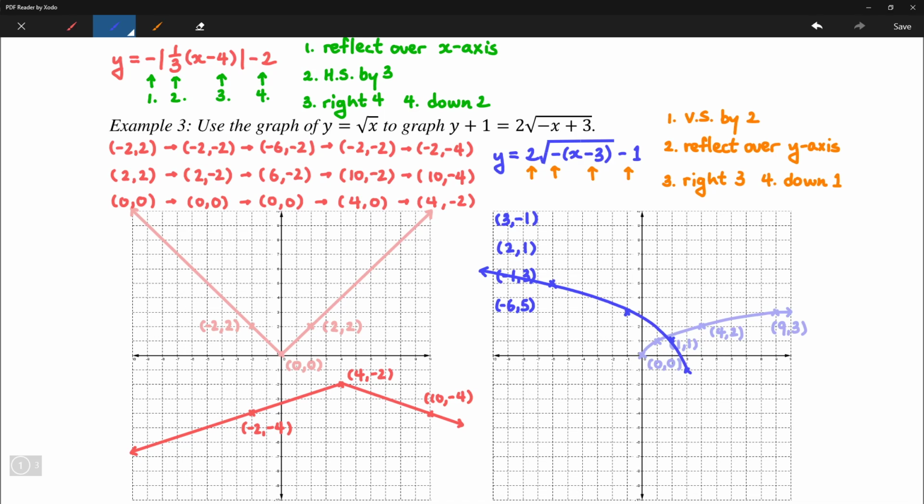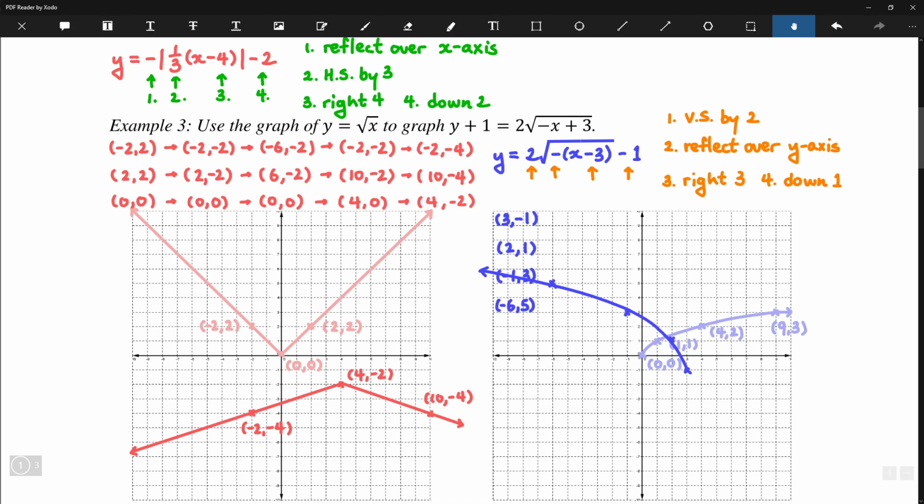So it makes sense because the point at the origin moved right 3 and down 1 as it should. And then the resulting graph is twice as tall, and also it is facing the left instead of the right. Okay.